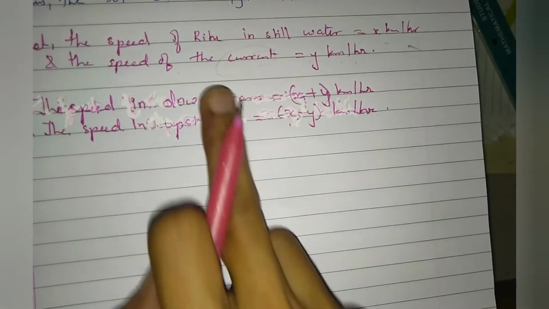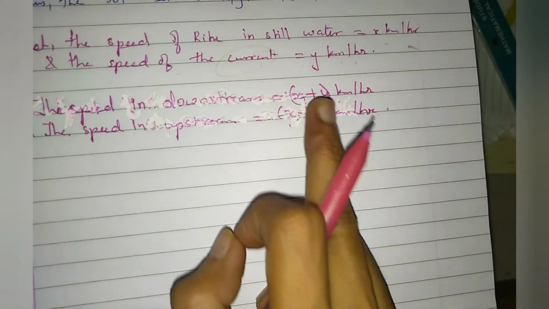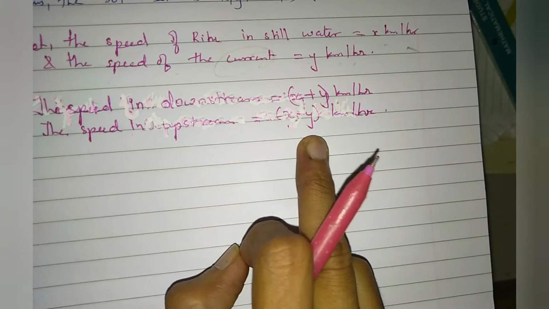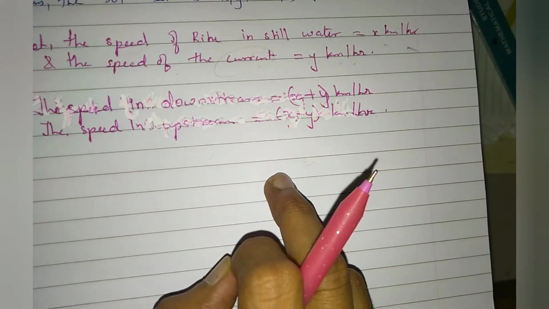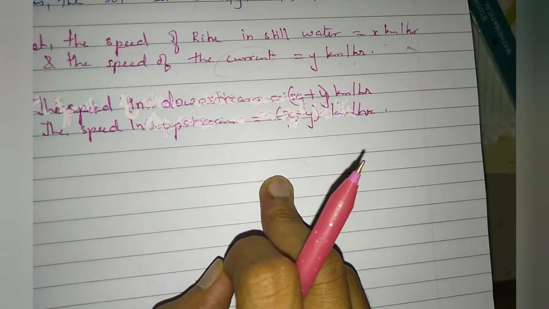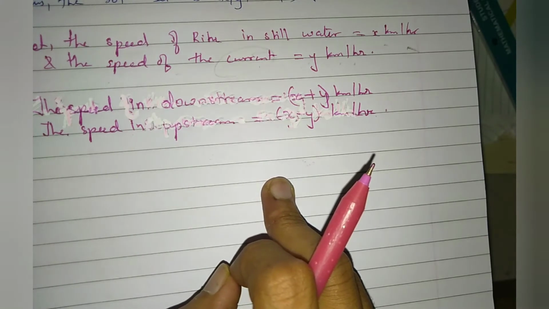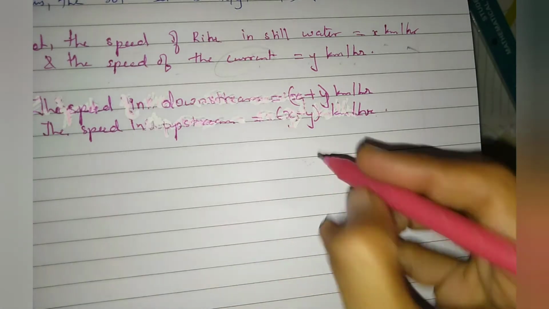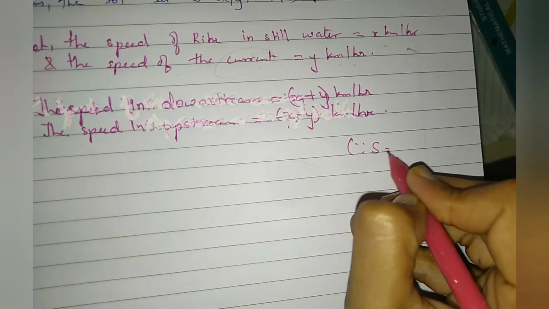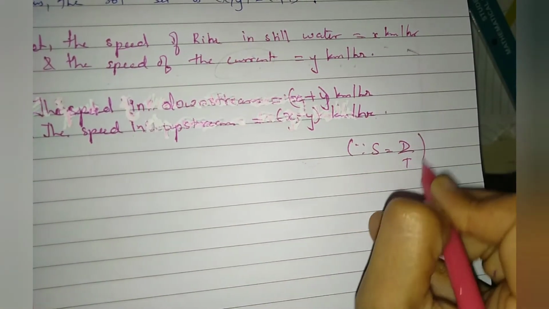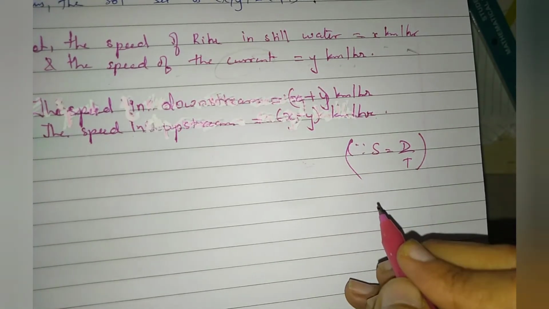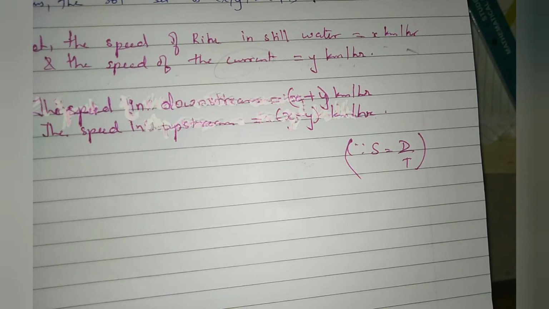Okay, the speed in downstream and upstream I have supposed. Now in the statement it is given that Ritu can row downstream 20 km in 2 hours. Now here we have to use one formula, that is speed equals distance upon time. Speed we have to find, so we do distance upon time.